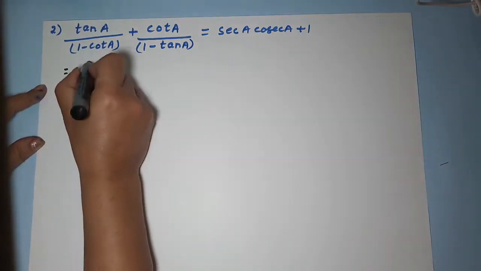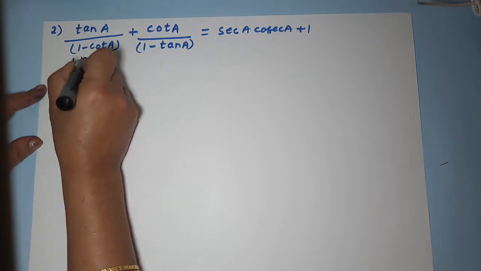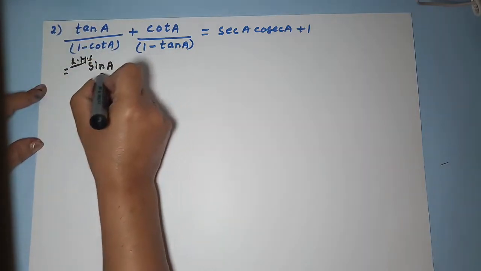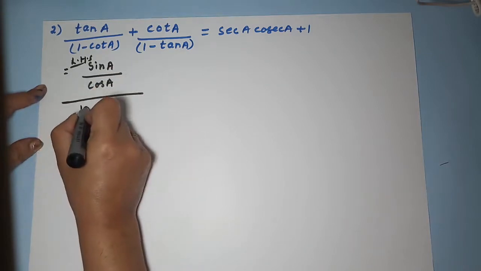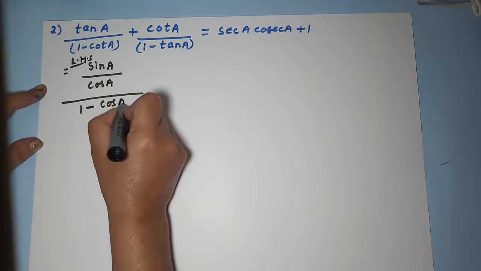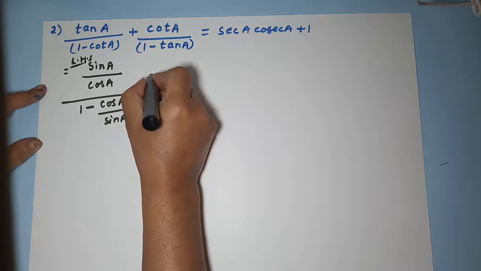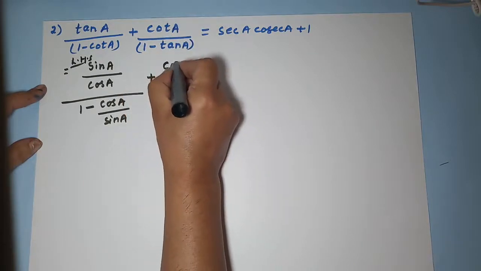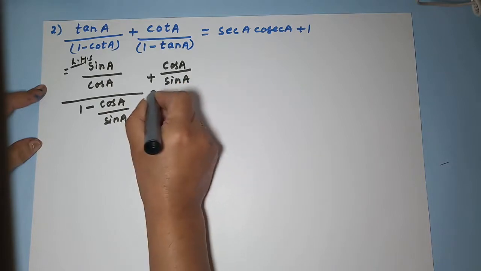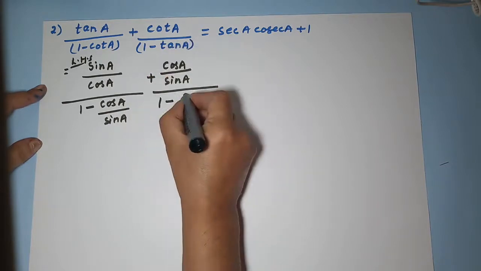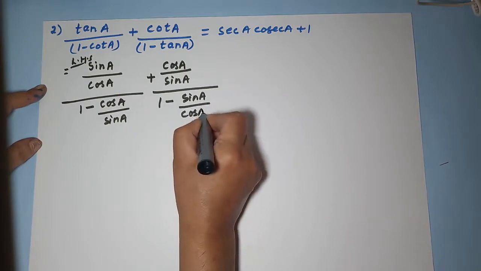This will be my left hand side: sin A by cos A divided by 1 minus cos A by sin A. Here cot A I can write as cos A by sin A and then divided by 1 minus sin A by cos A, right?